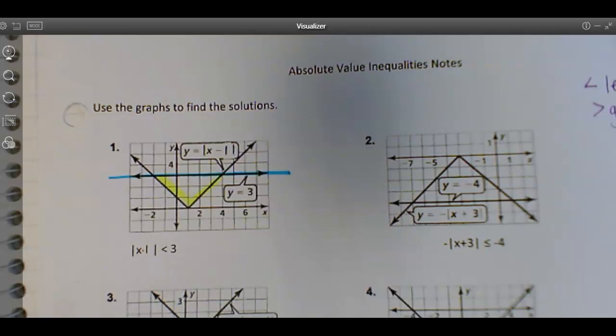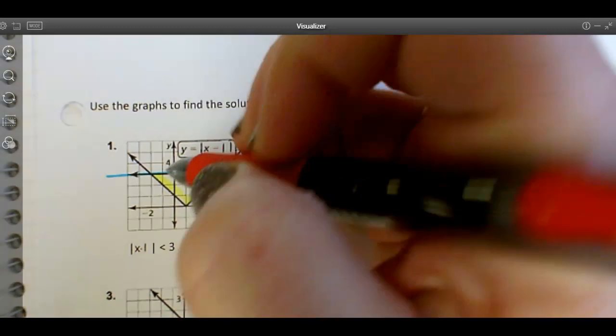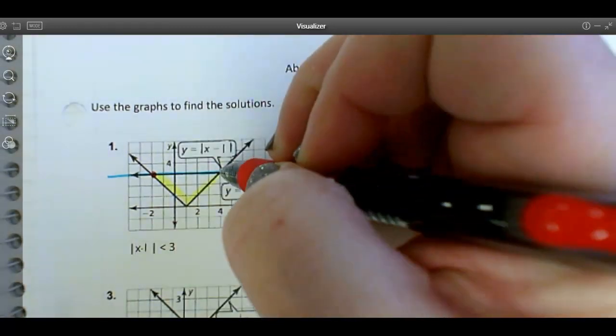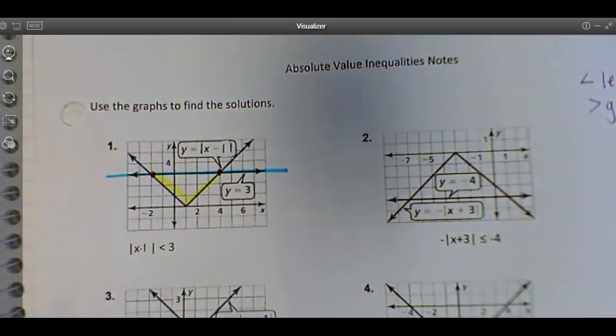Okay? And most of the time students have no trouble trying to figure out which part it's talking about. The problem is writing down the answer. And so that's what I wanted to look at with you, is how you actually write down the answer here. What you do is you find out where they intersect.